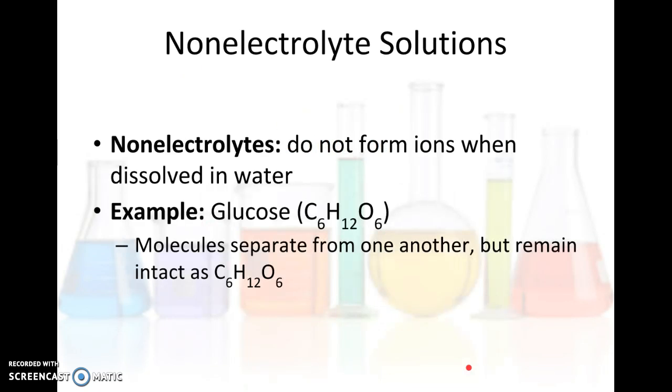Otherwise, non-electrolyte solutions. These do not form ions when dissolved in water. For example, glucose, sugar. The molecules will separate from one another, but they will not break down into ions. So you'll have a nice clump of glucose molecules before put in water, and those glucose molecules will break apart from one another when dissolved.